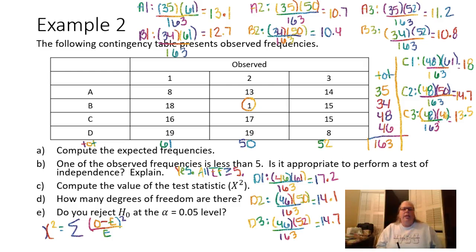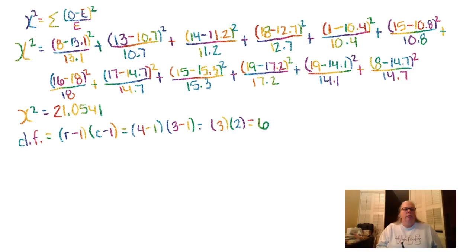And then for part E, are we going to reject the null hypothesis at the alpha equals 0.05 level? Okay, so we need to pull up table A4. We're going to be on line 6 for 6 degrees of freedom, and then the 0.05 column. All right, so let's pull up table A4.